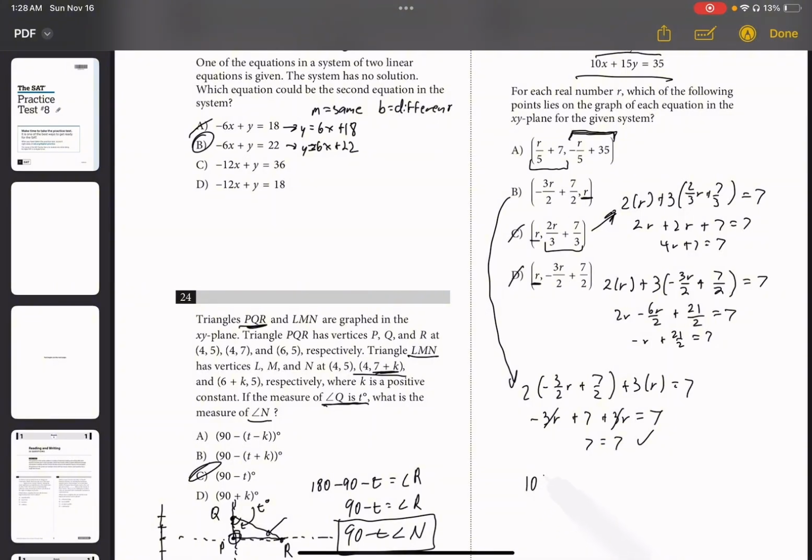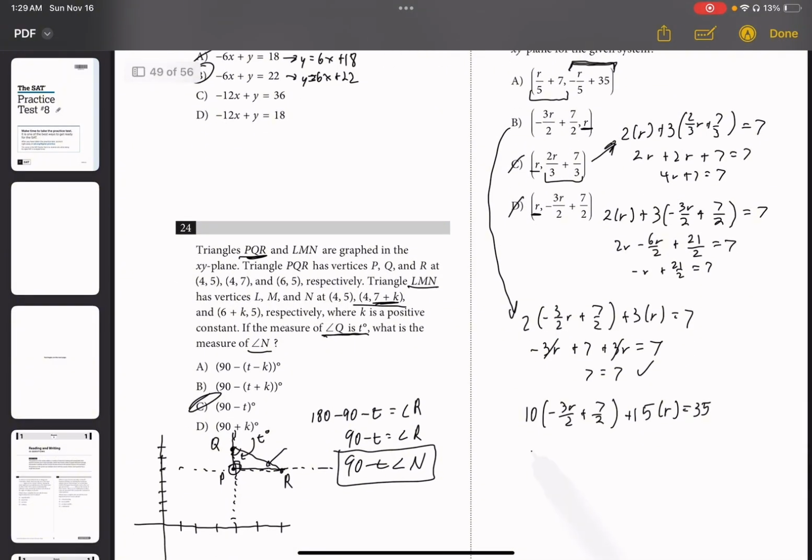So we have 10 times our x point of negative 3r over 2 plus 7 over 2 plus 15 times our y point of r is equal to 35. Simplify down, we get a 5 here for that, and this. So that's going to be negative 15r plus 35 plus 15r is equal to 35. And these cancel out, we get 35 is equal to 35. So this is our answer B, since both of these conditions are met.